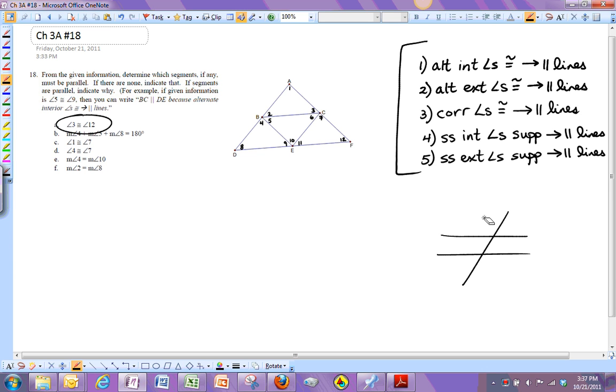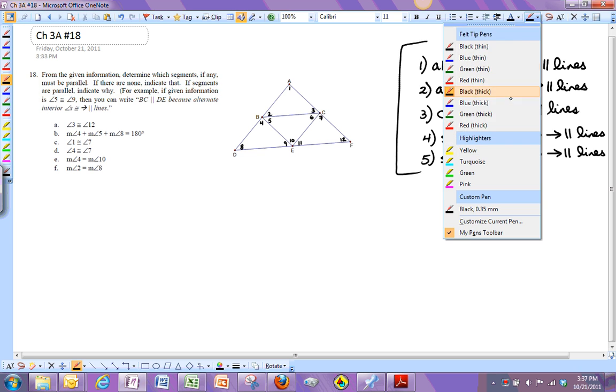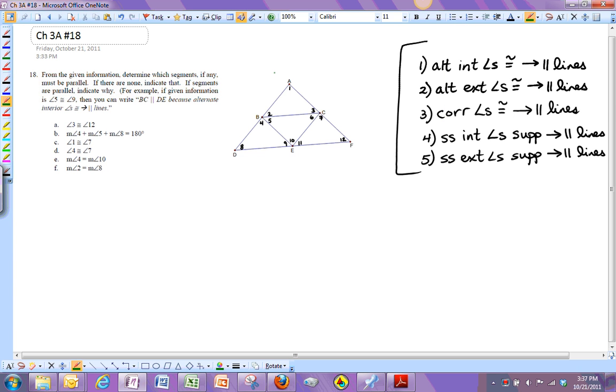Okay, so if I look at 3 and 12, let me get another color here. Angle 3 is formed by this line here and this line here. And angle 12 is formed by the same first line along here and the bottom line right here.